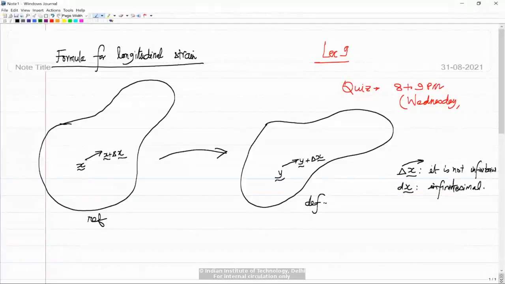And what is infinitesimal? It simply means as small as you can think of. Really, really tiny. The limit going to zero.